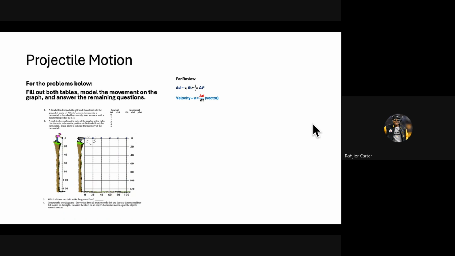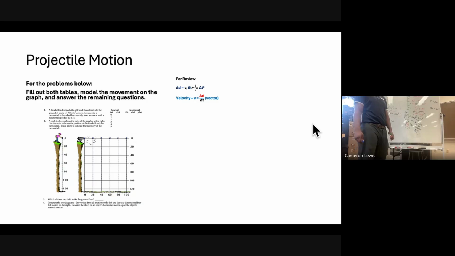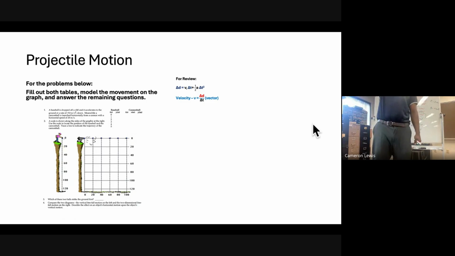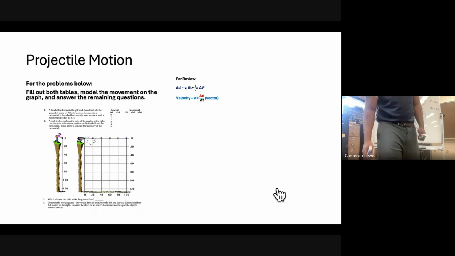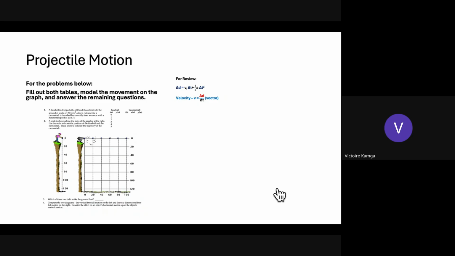Because the pattern is in the same direction. So it is in the same direction, right? But what Victory just said, actually, Victory, come off mute and say what you just said again while I mute myself. I said that it's accelerating because the dots are getting wider as it goes down. Oh, okay.